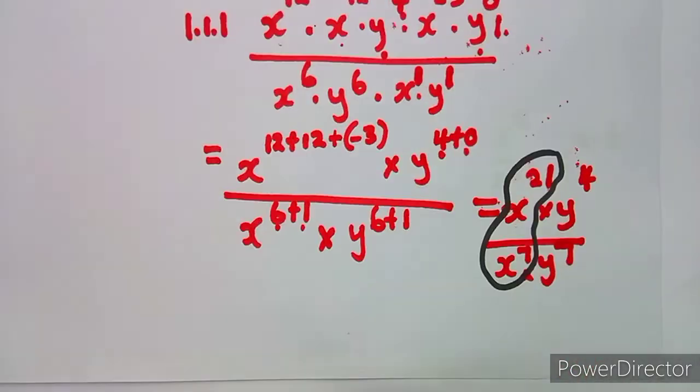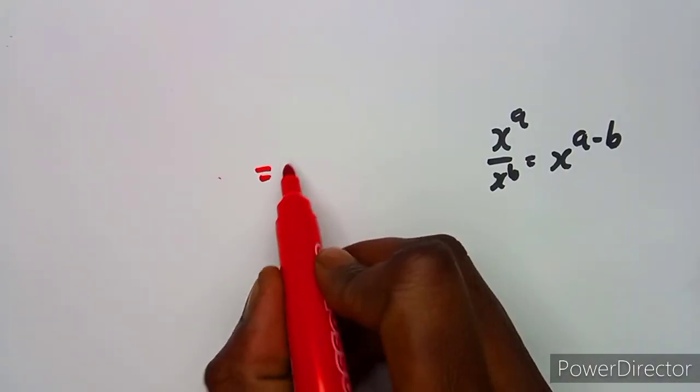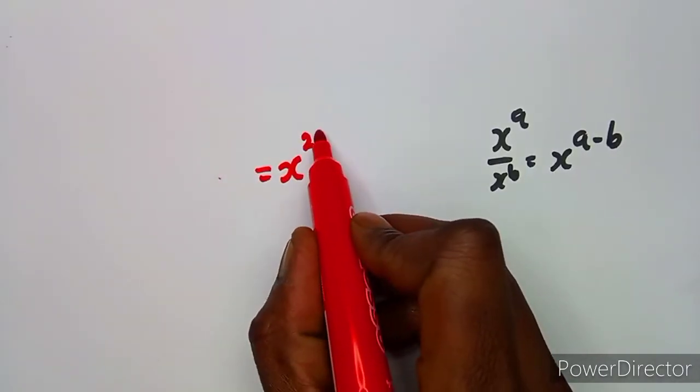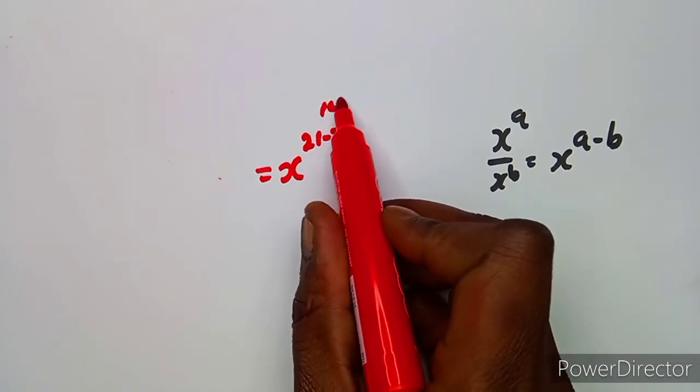So we subtract the exponents, which is 21 minus 7, which is x to the exponent of 14.